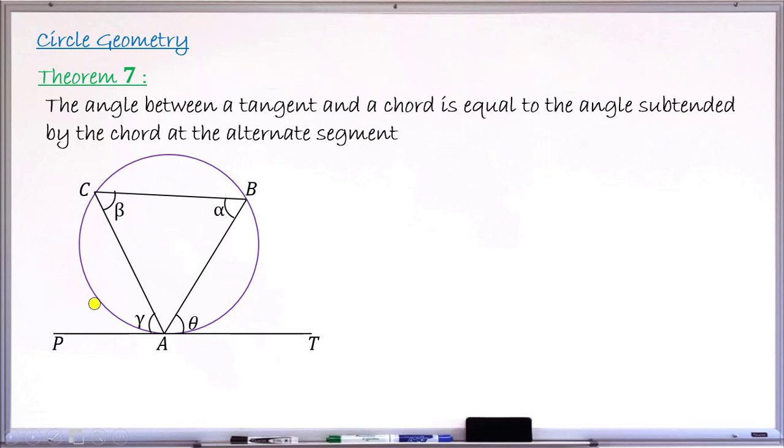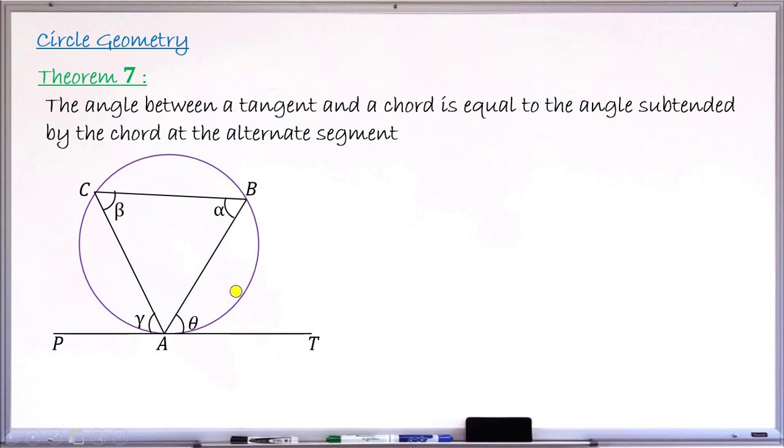In this drawing, you can see PAT is a tangent because it just touches the circle at the point A. I have here chord AB. It's just a straight line touching two parts of the circumference. This is another chord AC. This is another chord BC. But this theorem says the angle between a chord and a tangent.